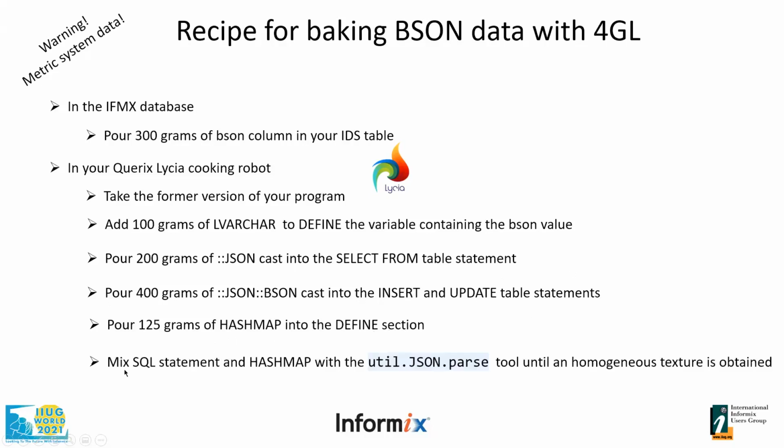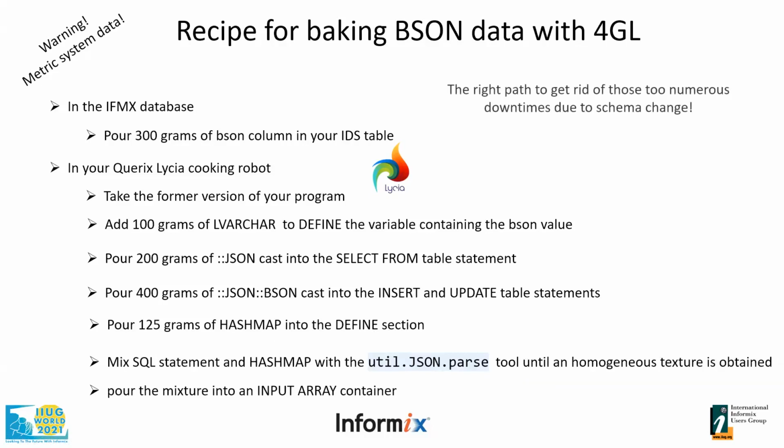Then mix the SQL statement and the hash map with the util.json.parts tool until a homogeneous texture is obtained. And finally, pour the mixture into an input array container. That's the right path to get rid of those too numerous downtimes due to schema changes.